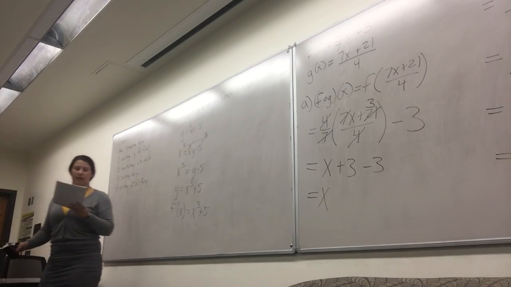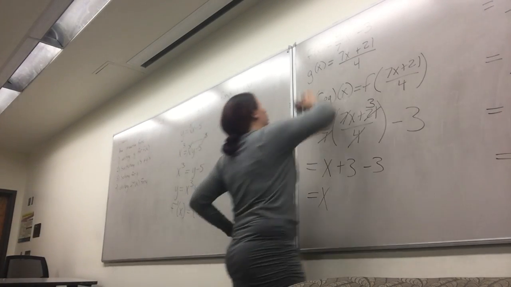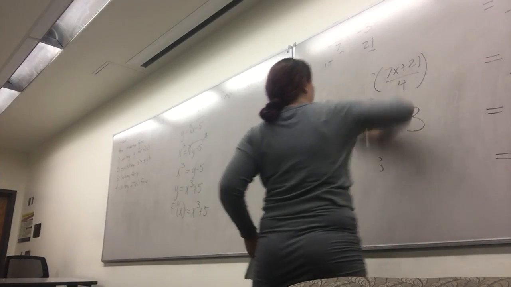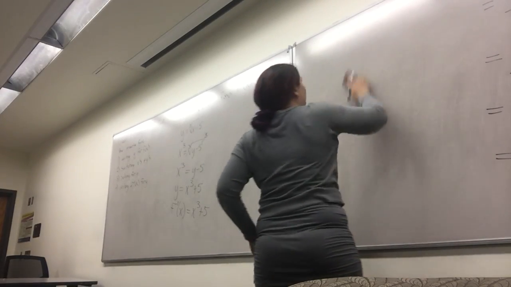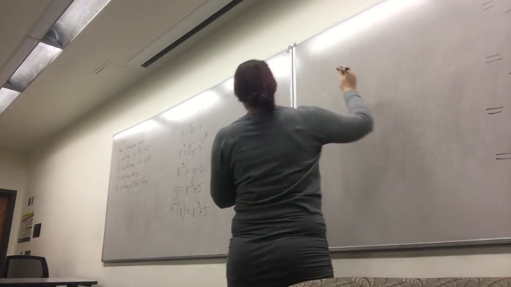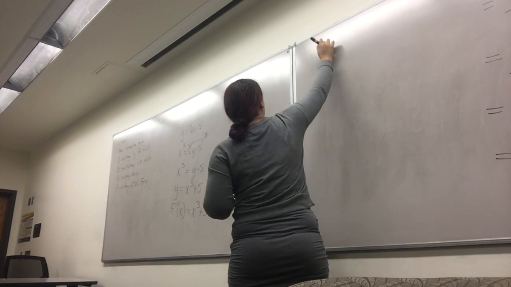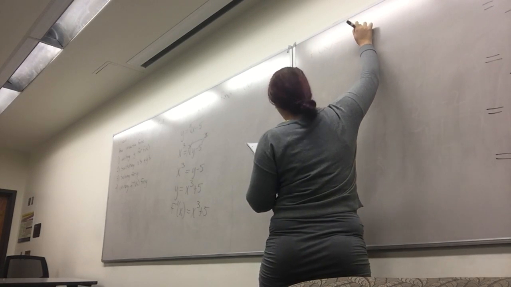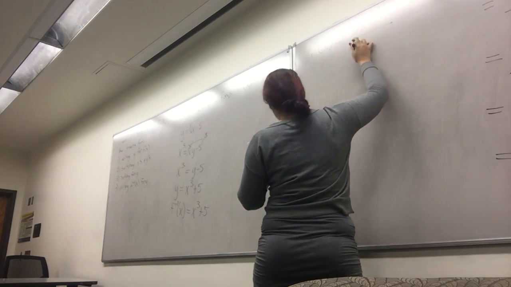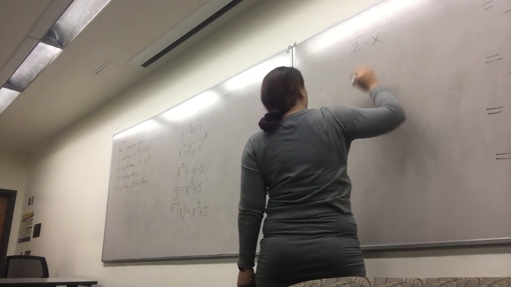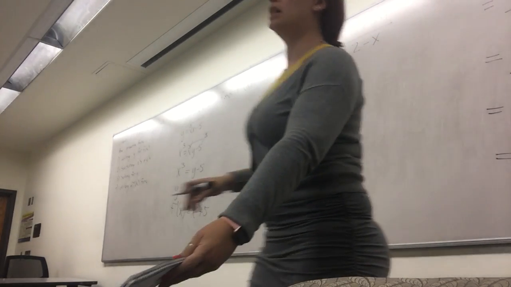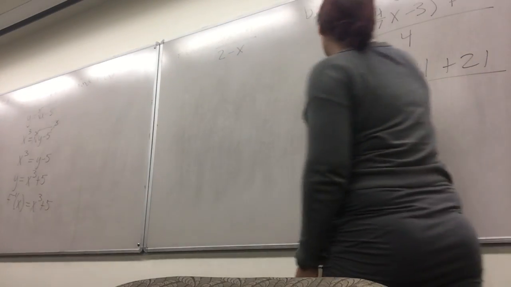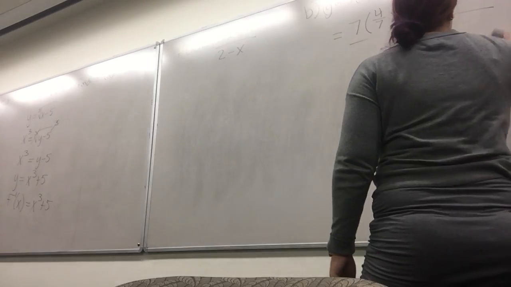All right, let's do another. So if we're given f of x is equal to 3x minus 4 over 2 minus x, and we want to again find f inverse, what do we do first?